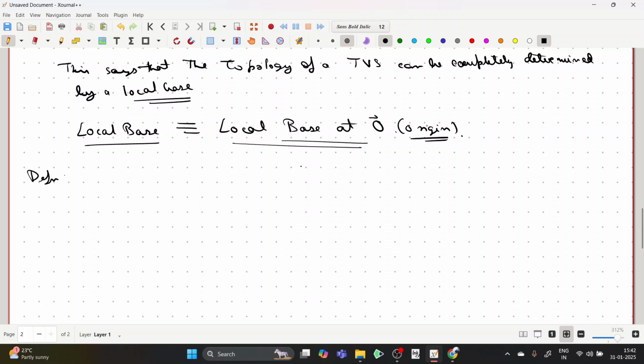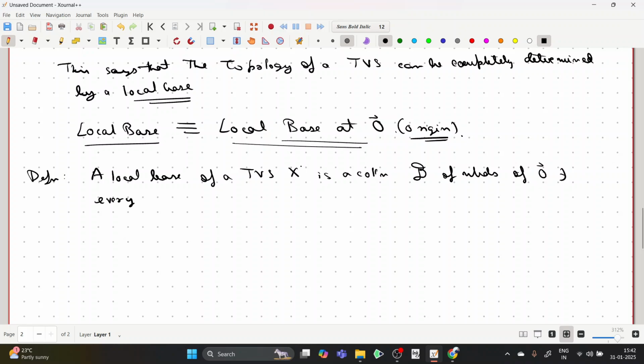A local base of a topological vector space X is a collection B of neighborhoods of the origin such that every neighborhood of the origin contains a member of B. It simply abides by the definition of a local base at an arbitrary point; we are just restricting it to the origin itself.